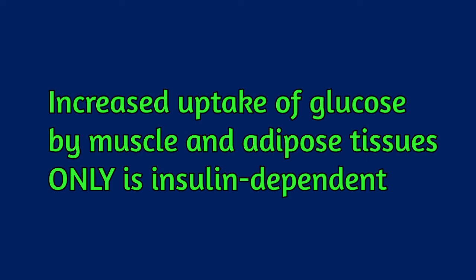Because they cannot produce enough insulin, the uptake of glucose from the bloodstream in adipose tissue and muscle, which constitute quite a bit of body mass, is decreased or not increased. What does that mean?